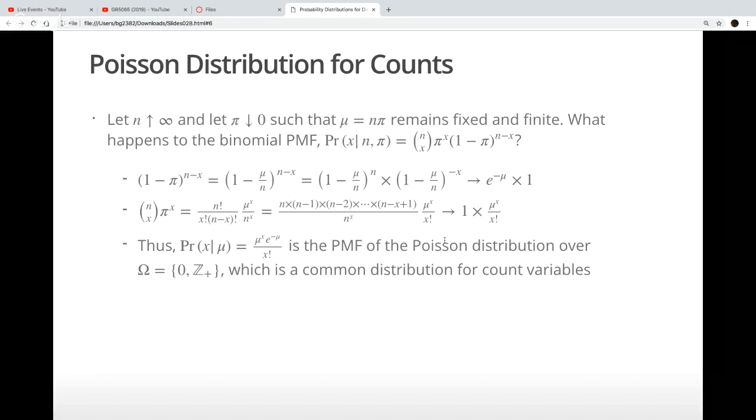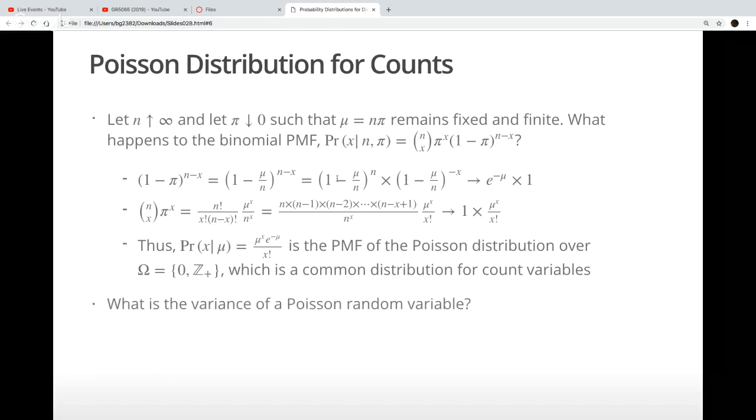And there's nothing really that complicated here other than recognizing (1 minus mu over n) raised to the power of n is the definition of e to the negative mu, which is not super important by itself, but then the rest of it just follows from taking some limits, and we get the probability mass function.